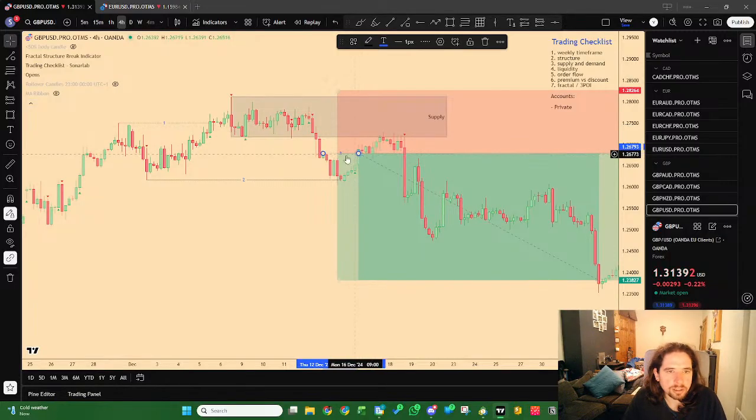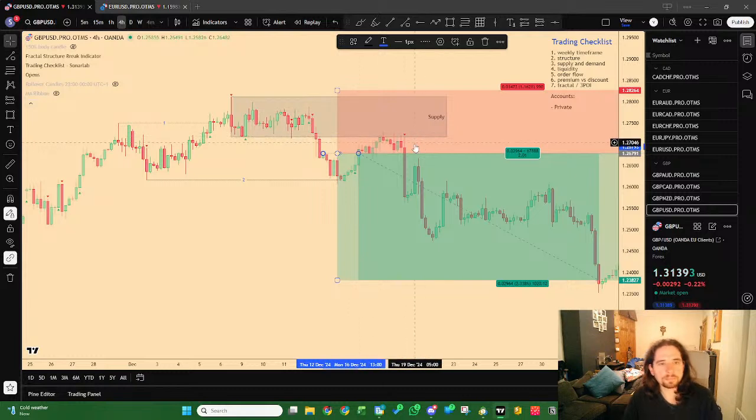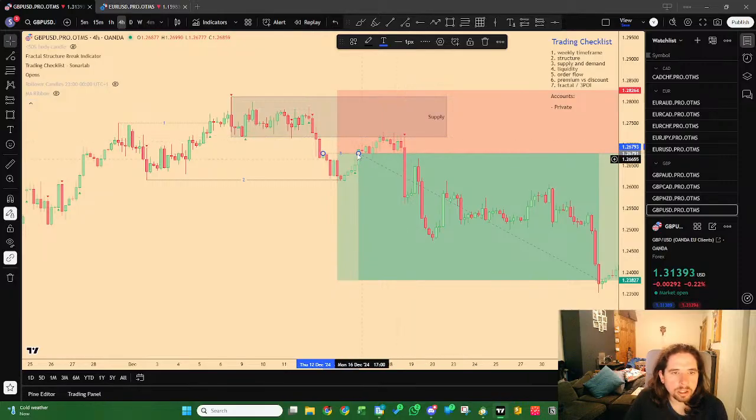And as you can see, we put our entry model on the liquidity, not on the entry, because there's more of a chance that it'll enter there.